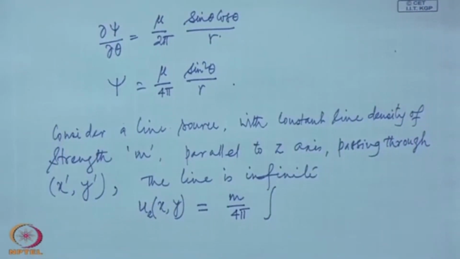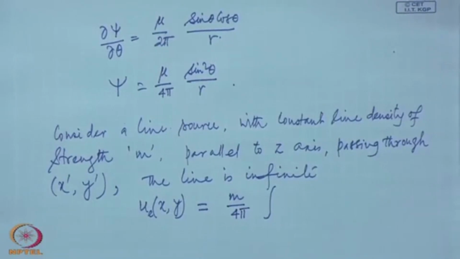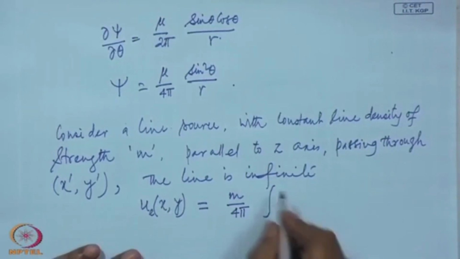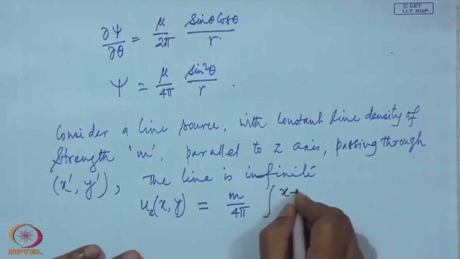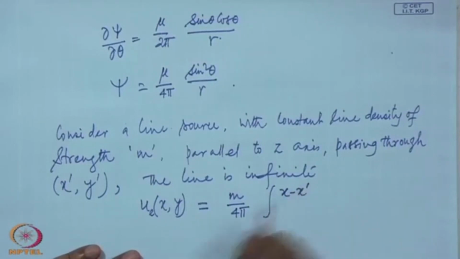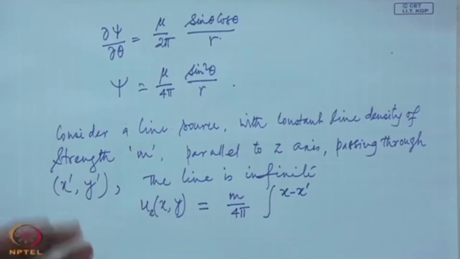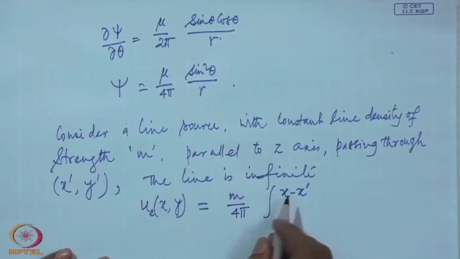Now, take the x component. The x component of that r vector is simply x minus x prime. This x is no longer the vector x.